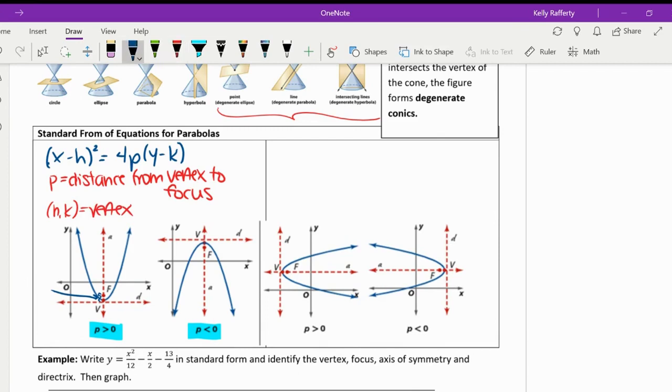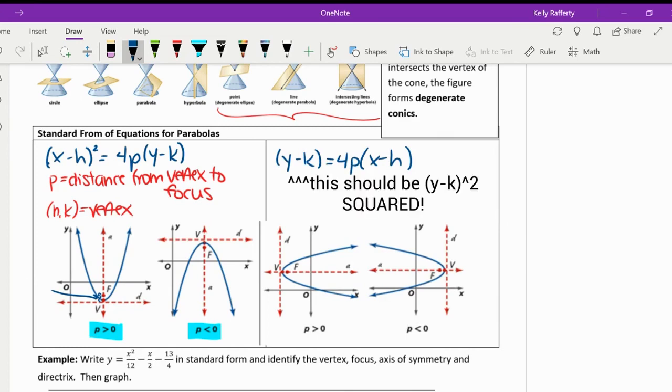All right, for our second standard form over here, it's when we have a sideways parabola, and that would just be when x and y and their respective vertex points flip. And the same thing, p is the distance from the vertex to the focus, and (h, k) is our vertex. It's just now a horizontal distance instead of a vertical distance.